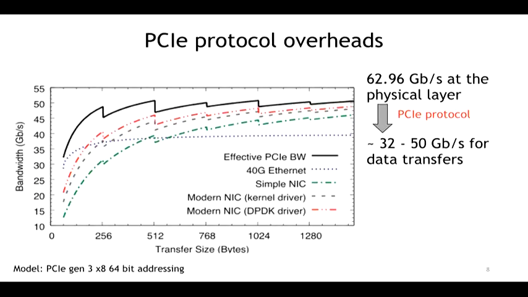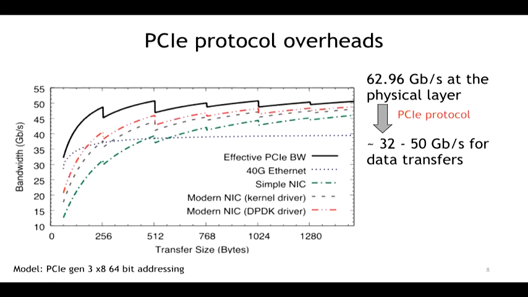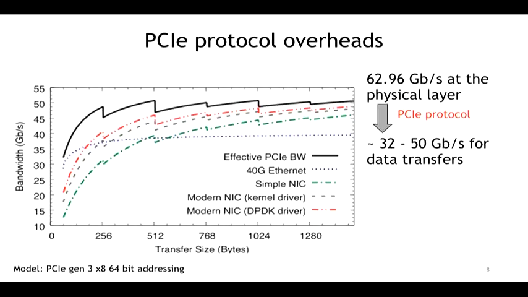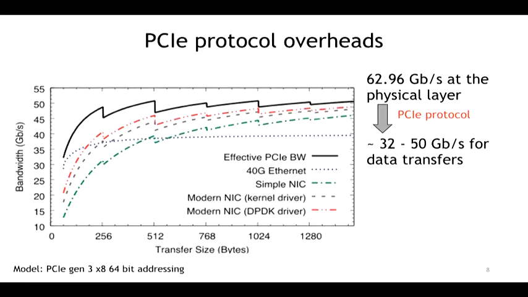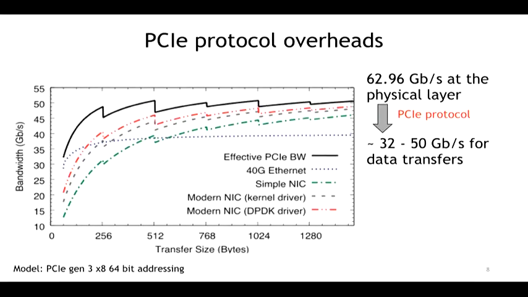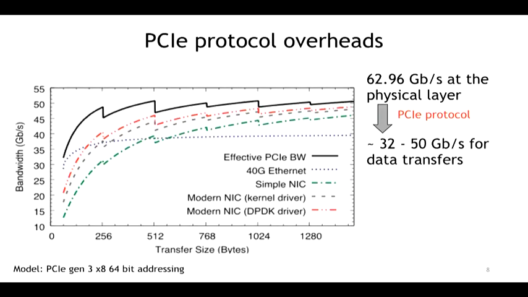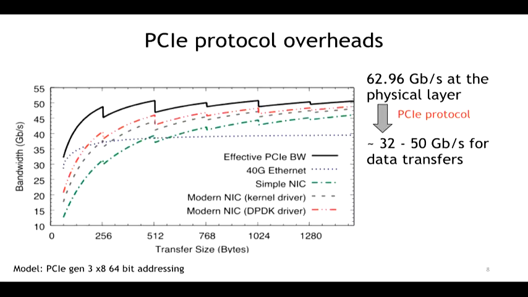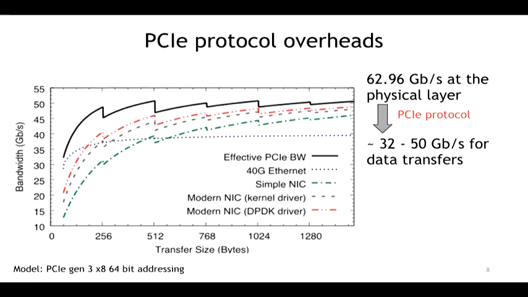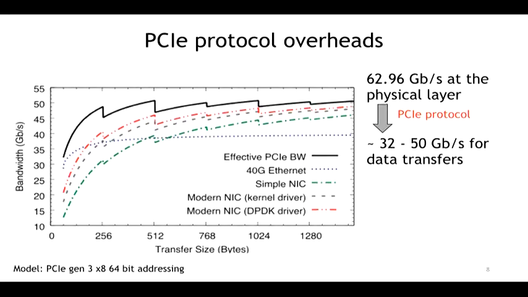If you look at a typical PCI device, as you find in 40 gig NICs, at the physical layer you have about 62 gigabits a second bandwidth. If you then look at transferring a fixed amount of data, like 256 bytes, and you add up the overheads from flow control but also the headers which are added to the payload, depending on the payload your achievable throughput goes to something between 32 and 50 gigabits a second, and that's the black line in this diagram.